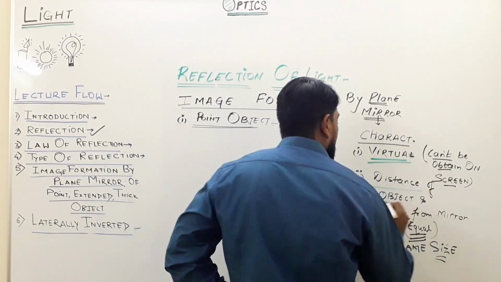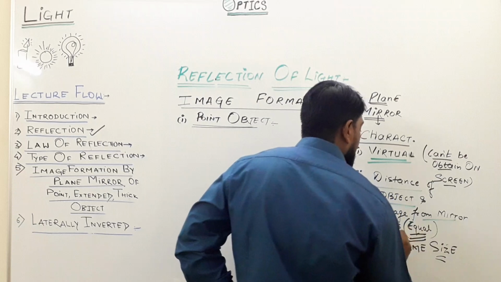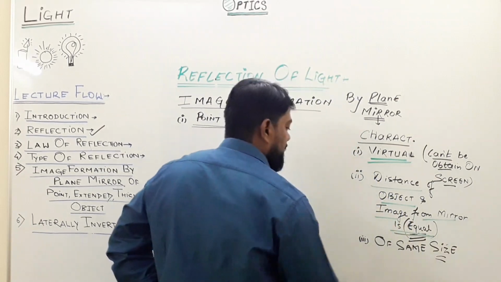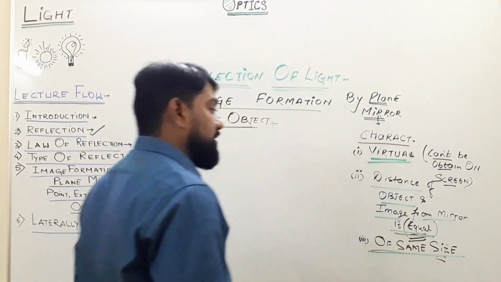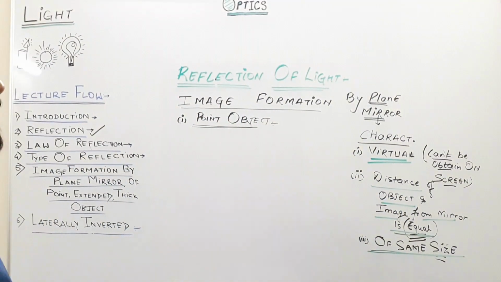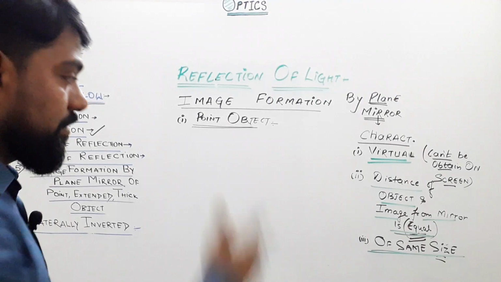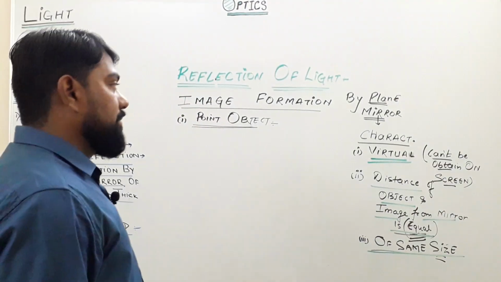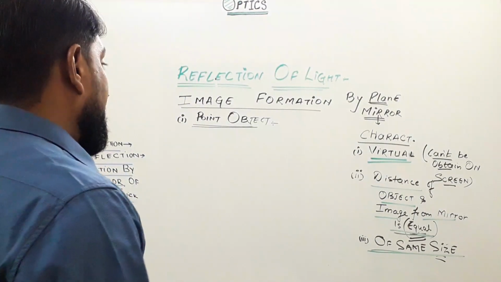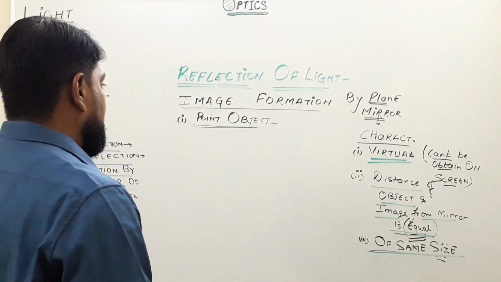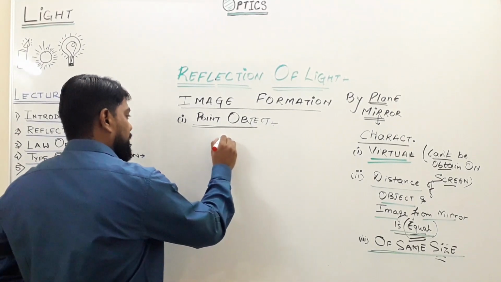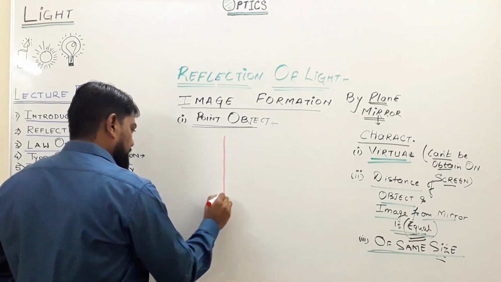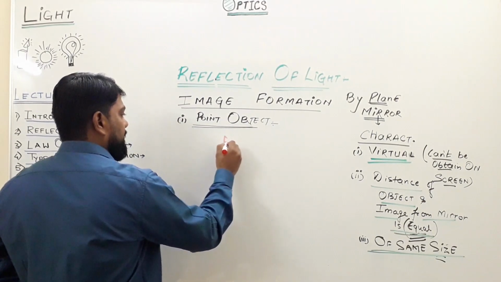Secondly, the distance of object and image from the mirror is equal. And third, it is of the same size. Size means whether we are talking about thickness, length or breadth, it will be the same. Now, the point image. For discussing the point image, how the image is formed of an object which is a point. Suppose we are just considering a mirror.